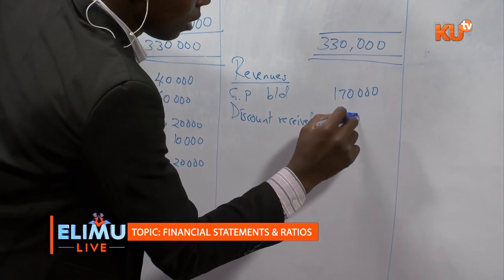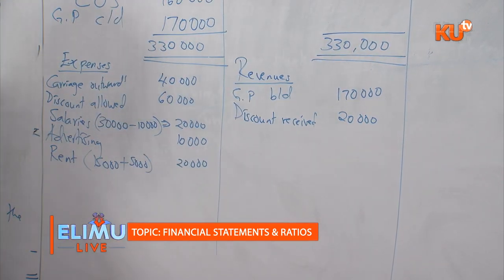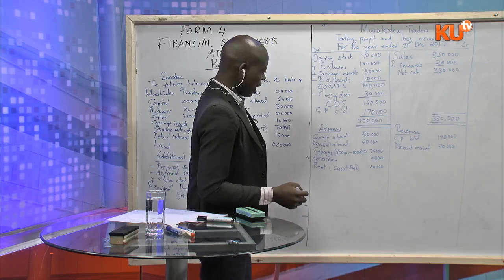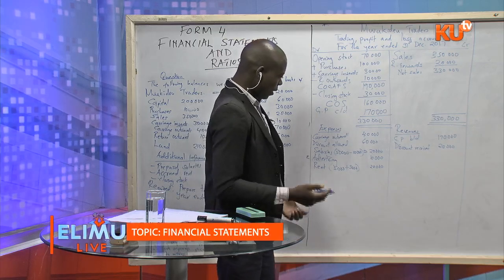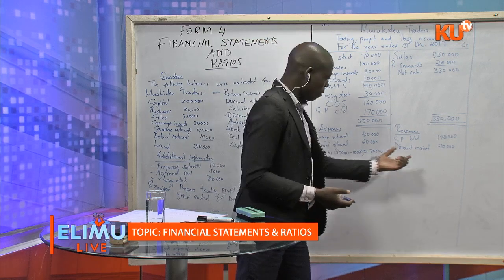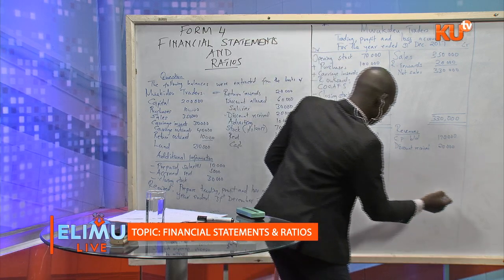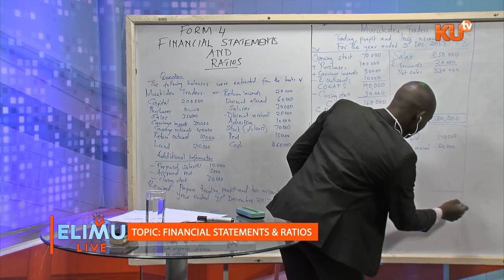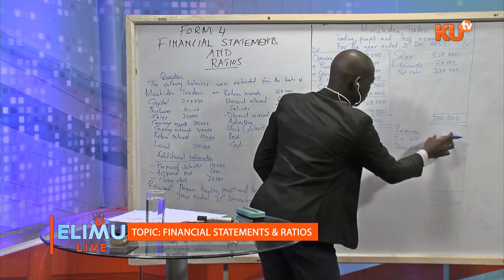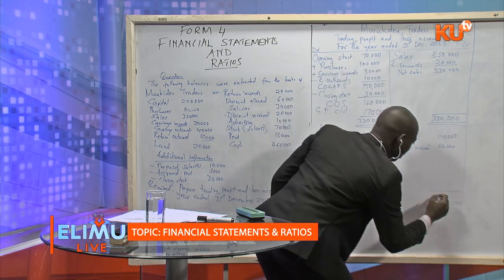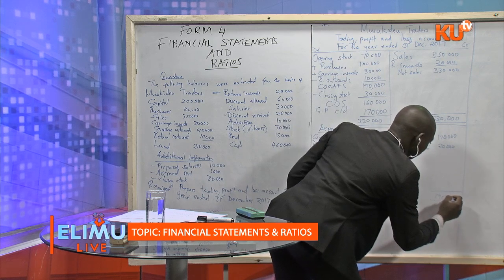This will be 20,000. And so we need to add and see which side is higher than the other. Definitely you can easily tell that the CR will be higher than the DR. So to obtain the figure, the CR has a total of 170,000 plus 20,000, that is 190,000.